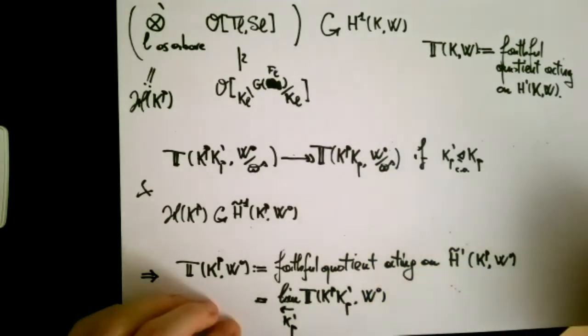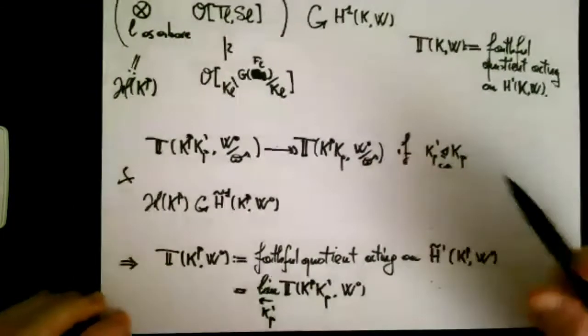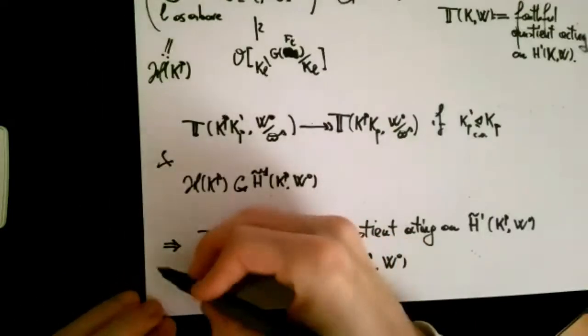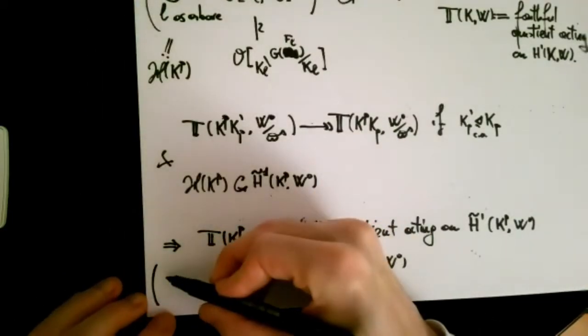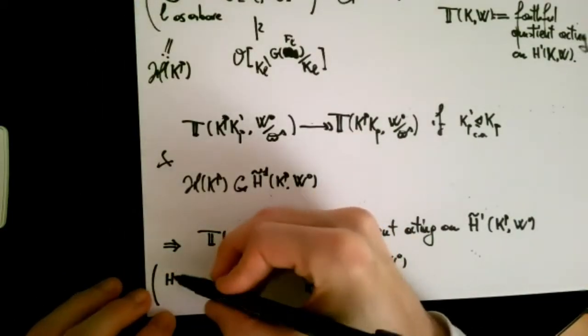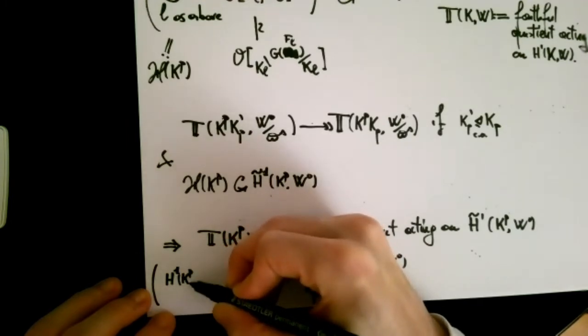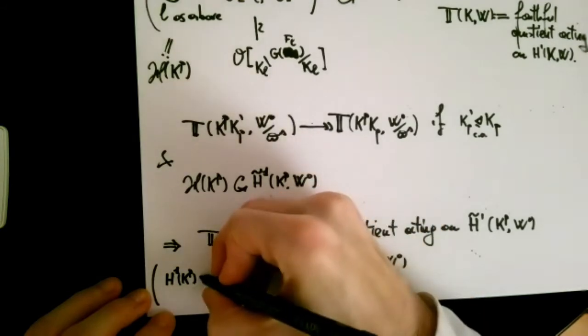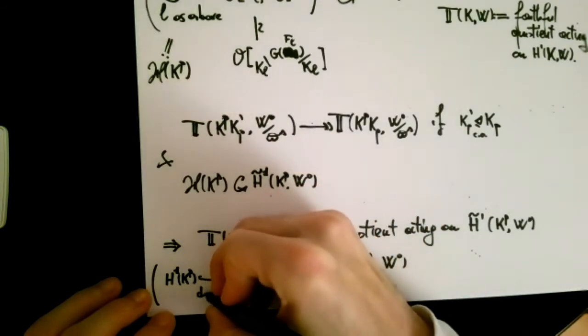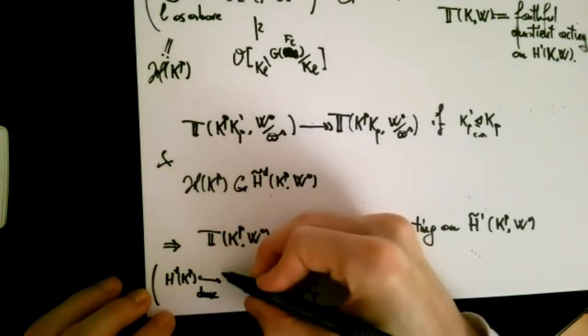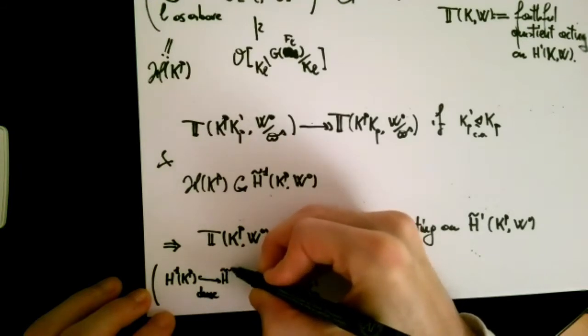So remember that we have an injective map with dense image. This injects with dense image in H tilde 1.